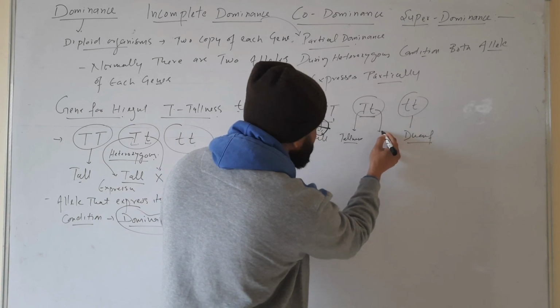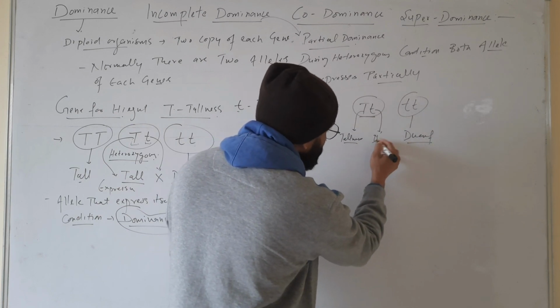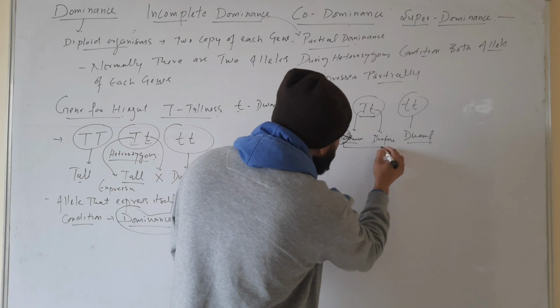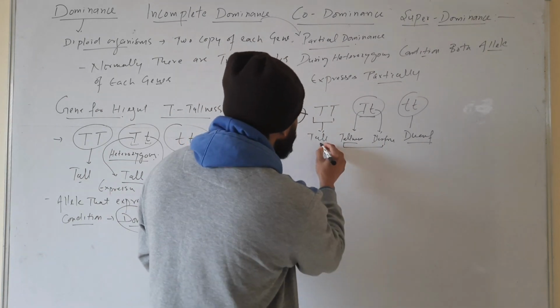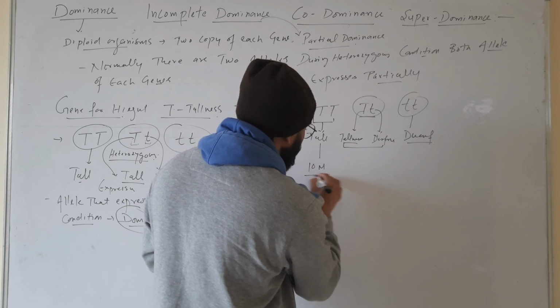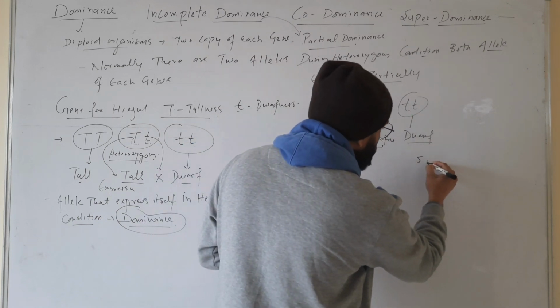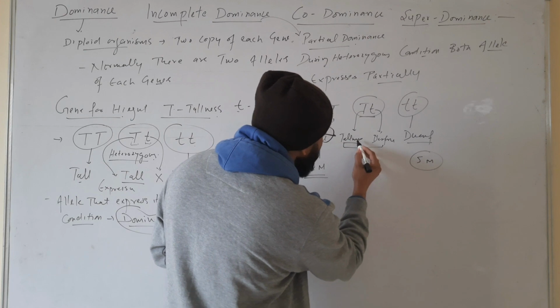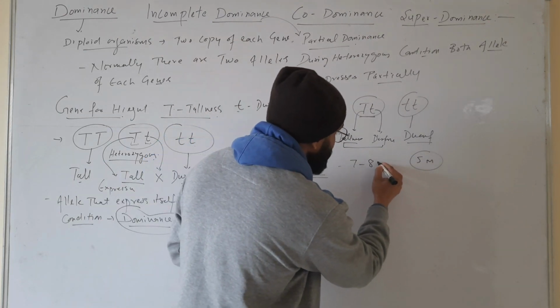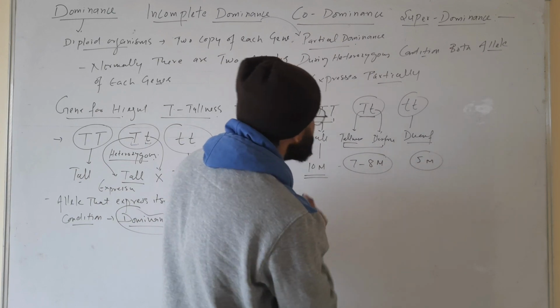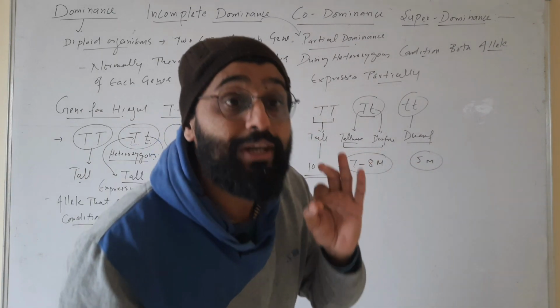The other is also expressing partially, causing dwarfness. So if both are expressing, then the plant will be of intermediate height. Suppose this tall plant is 10 meters and this dwarf is 5 meters. So this plant will be of intermediate height, maybe 7 or 8 meters, because both copies are not fully expressing.